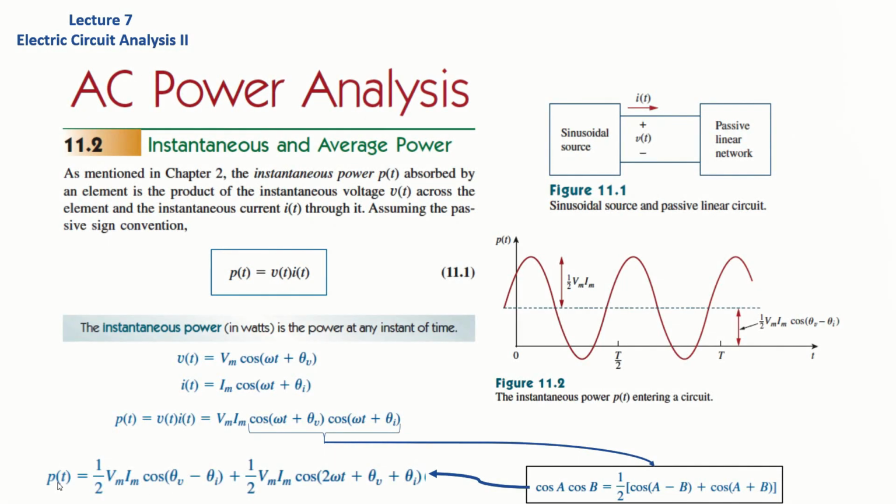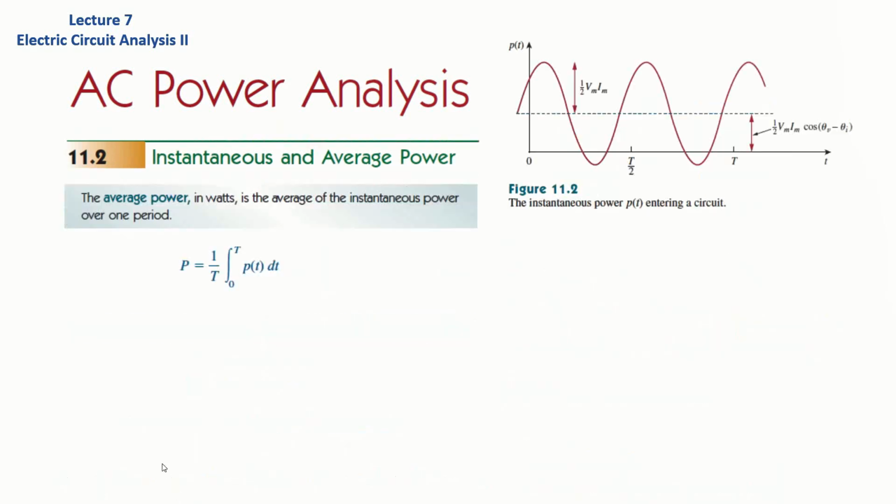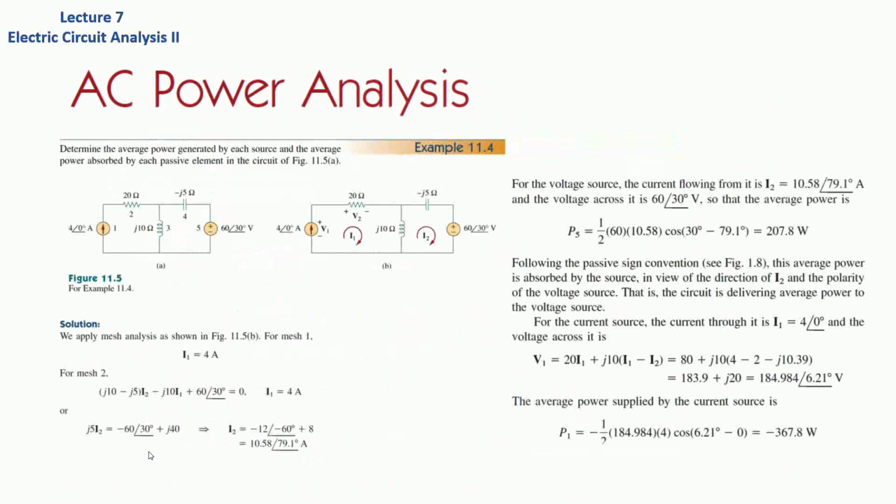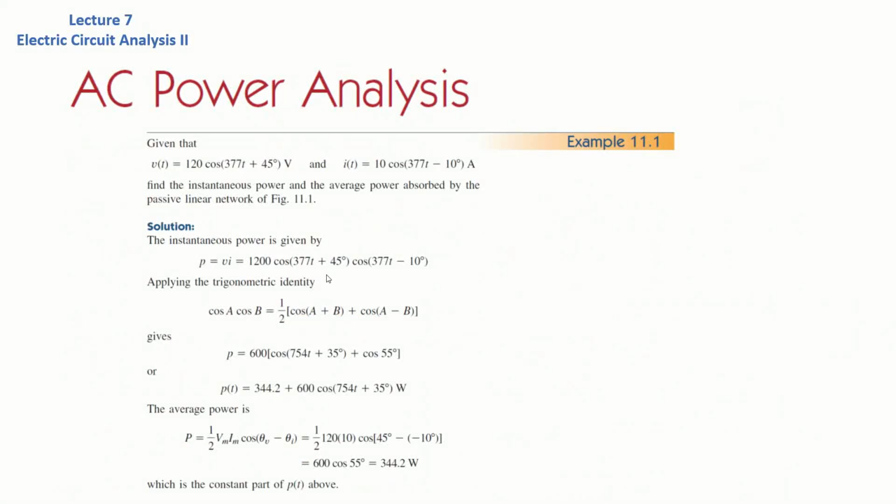In order to find the instantaneous power, we need to write the multiplication of the cos functions of the current and voltage like this. So power is equal to vi, and we multiply both sources.